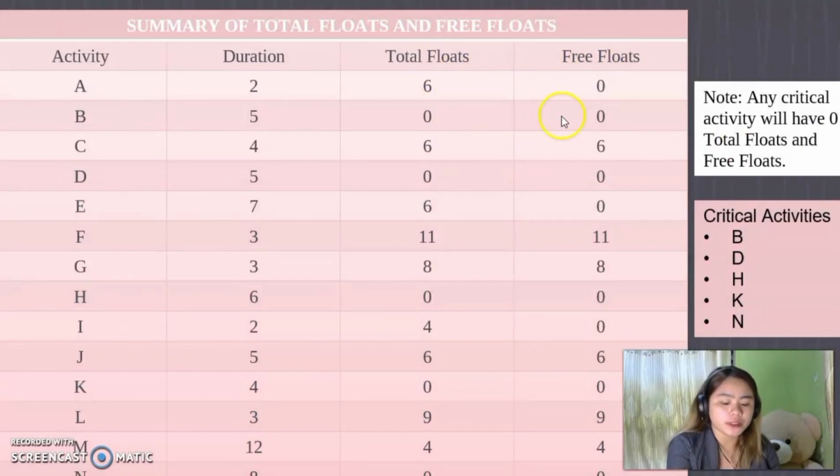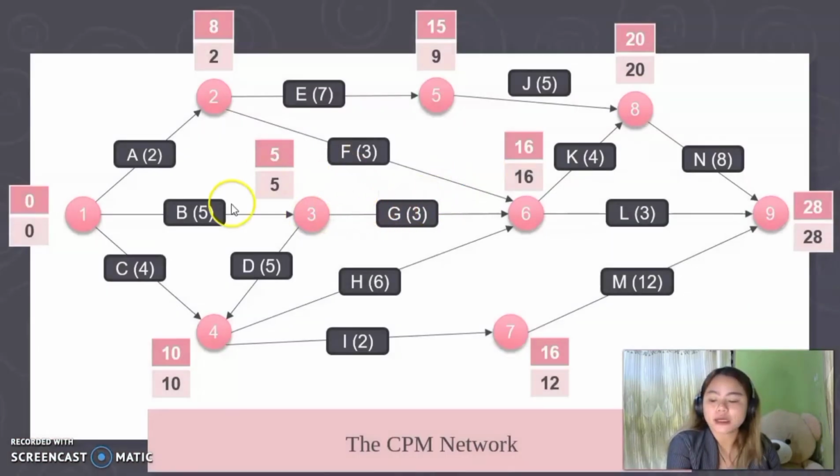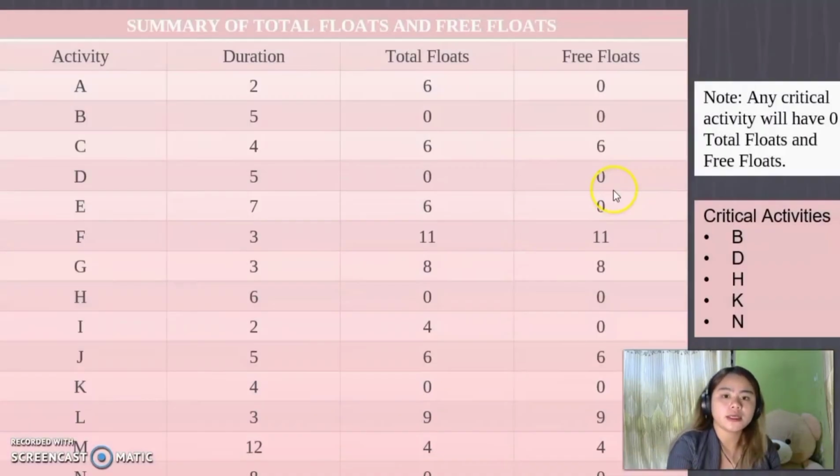Now in free float, according to our formula, the earliest start time of our ending activity is 2, minus the earliest start time of our starting activity, 0, minus the duration. So 2 minus 0 minus 2 is equal to 0.